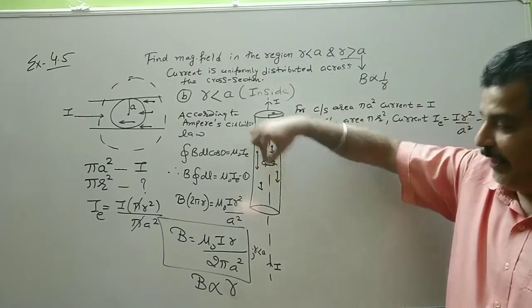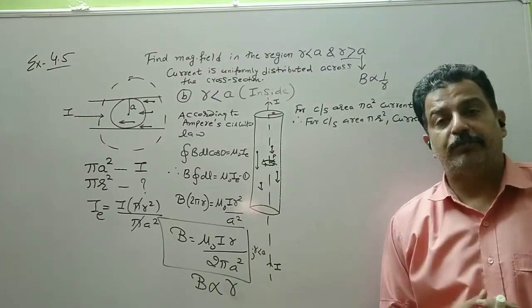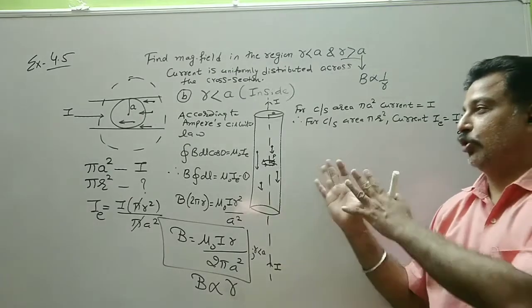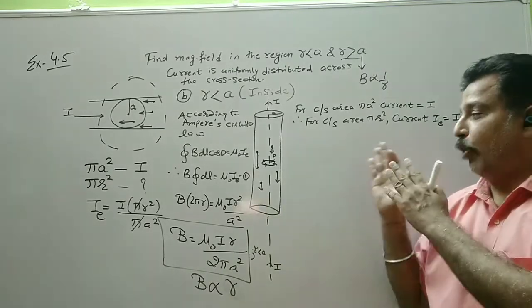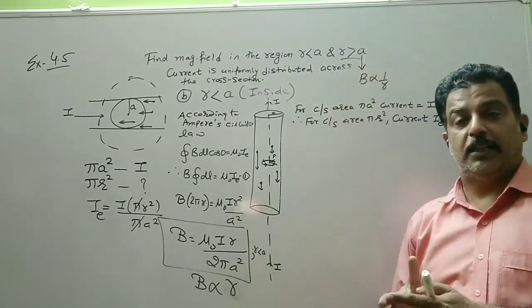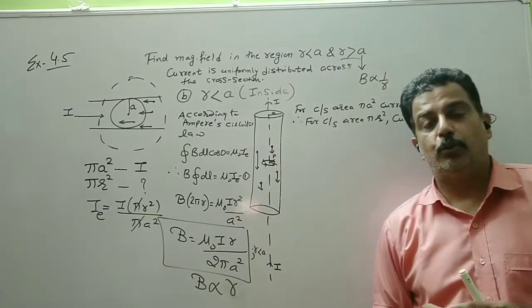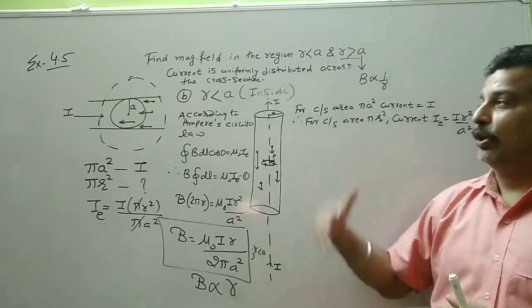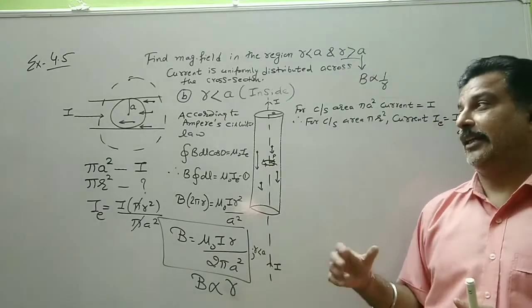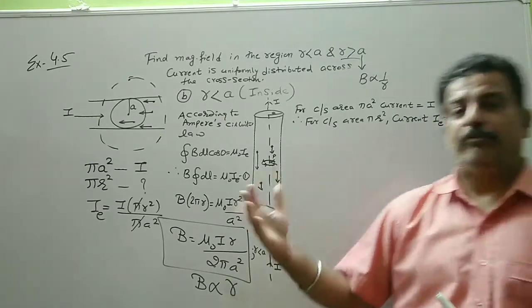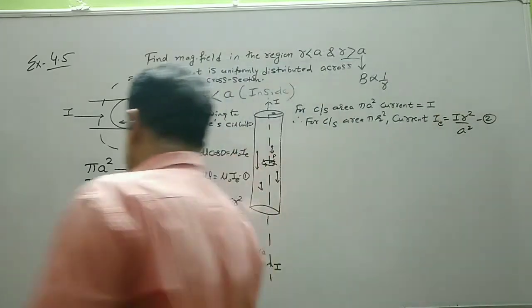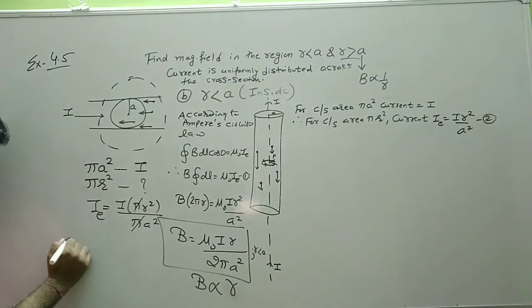So if point P is on the axis of the wire, or if I say it is a solid cylinder, and point P is at the axis of the cylinder or at its center, then the magnetic field intensity should be 0.